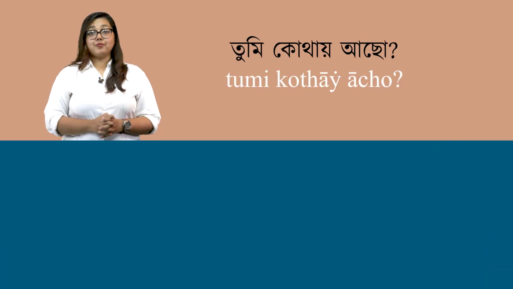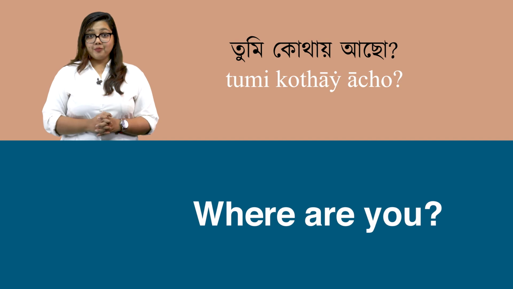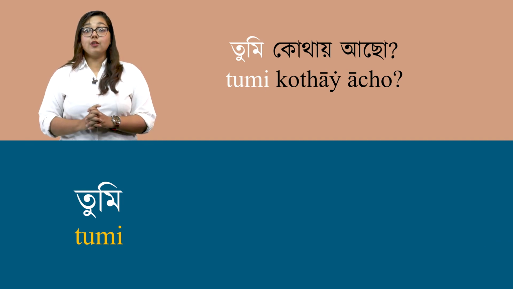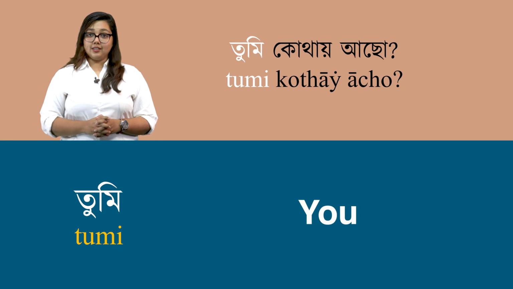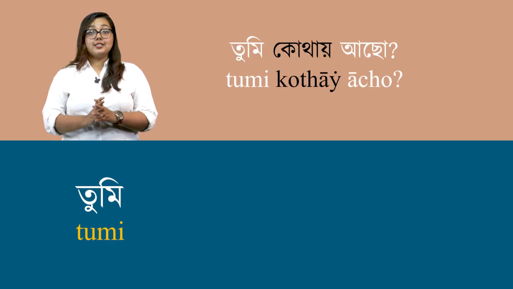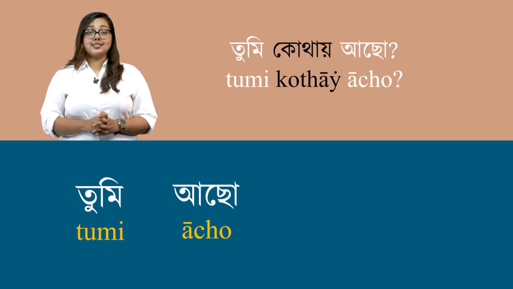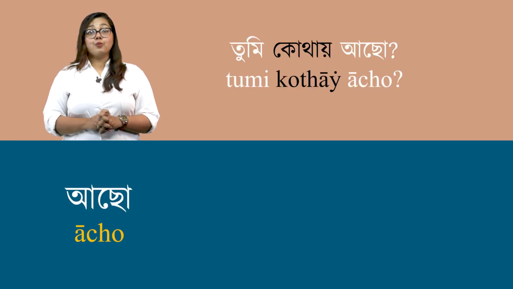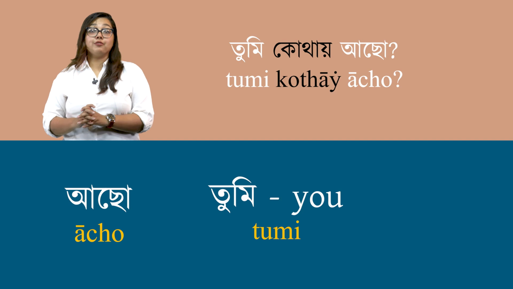Now note in the next sentence, Raju asked, Tumi kothay acho? Means, where are you? Here, we came across another pronoun, tumi, which is a second person non-honorific pronoun, which means you in English. Tumi takes acho as the auxiliary verb. Acho is used with second person non-honorific.